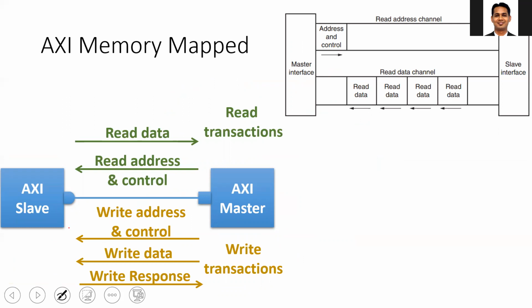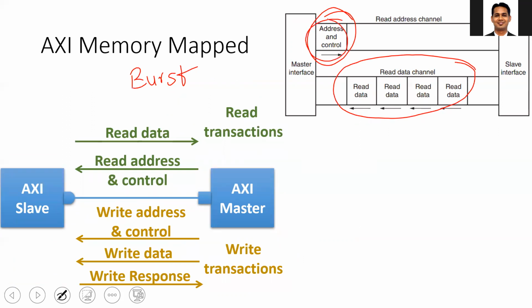In the AXI memory map, you have the read transaction and write transaction, and in the case of the memory map, you support burst transactions. This means for a single address and control information, you can transfer or receive multiple data. For example, for one address and control information, you are receiving multiple data, and this is called a burst transfer.